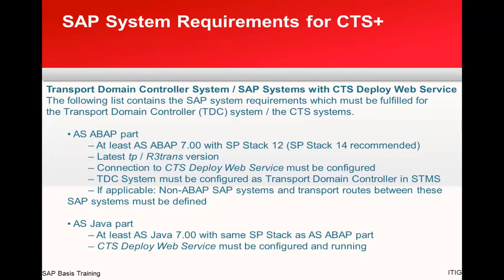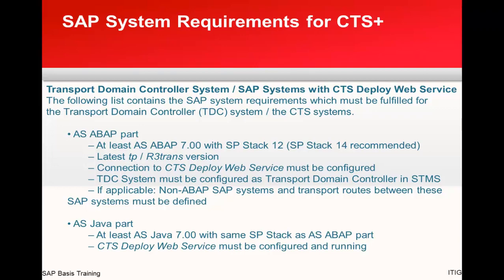Then you need to use the latest version of tp and R3trans. Then finally the connection to the CTS deploy web service must be configured. The TDC, that is the transport domain system, must be configured as transport domain controller in STMS, and if applicable, non-ABAP SAP systems and transport routes between these SAP systems must be defined.